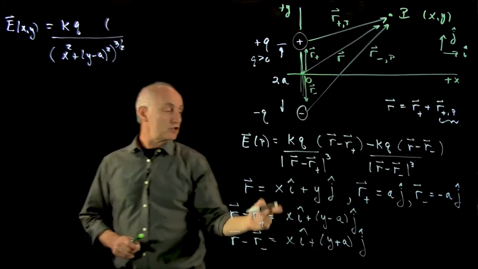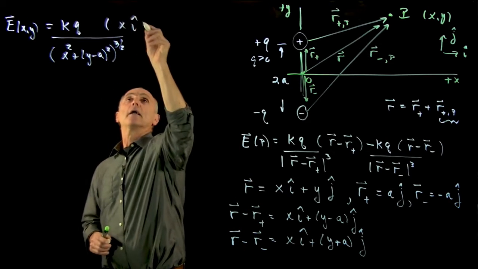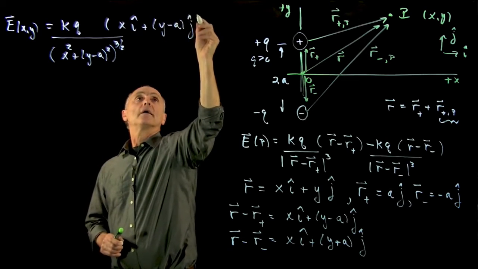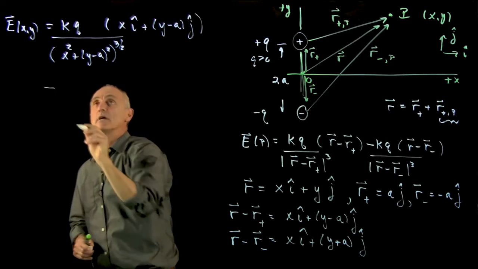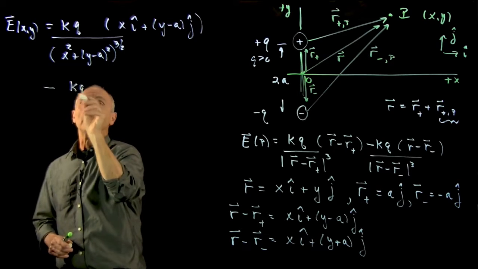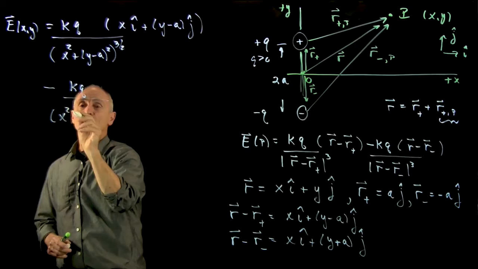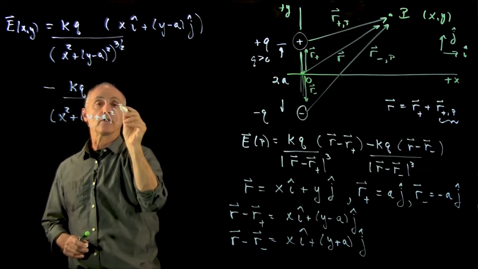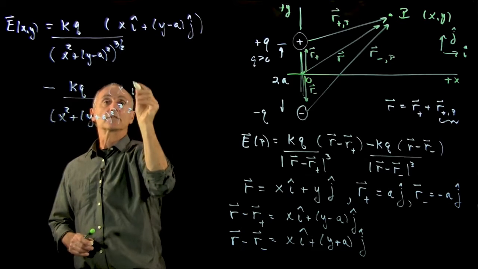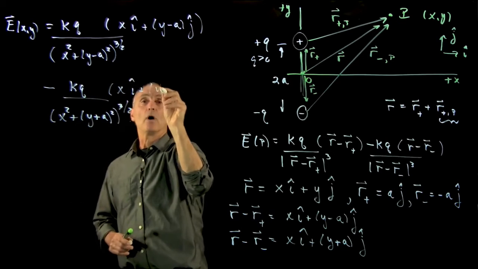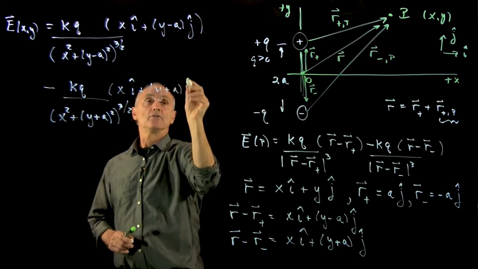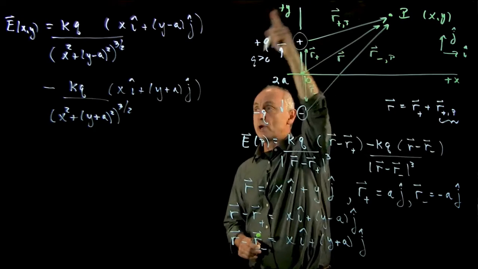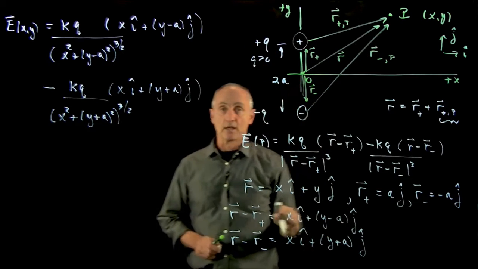And upstairs, it's just x i hat plus y minus a j hat, minus a very similar term for the other one, kq over x squared plus y plus a squared to the 3/2 times x i hat plus y plus a j hat. And that is our electric field no matter where the point P is located in space.